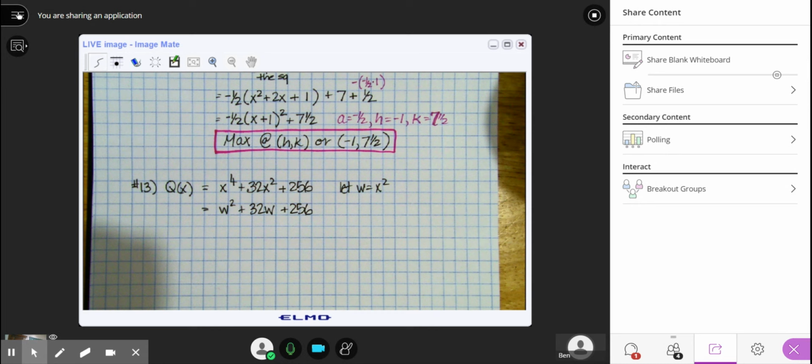But that is probably telling you something about 256. It is. And in order for this to work, it has to be a perfect square of half of that middle term.